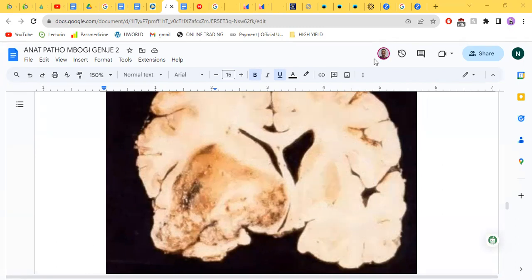Next, what can we see grossly from this picture? What are some of the gross morphological features? There's a lesion. Yes, I agree. Maybe let's talk about the color.